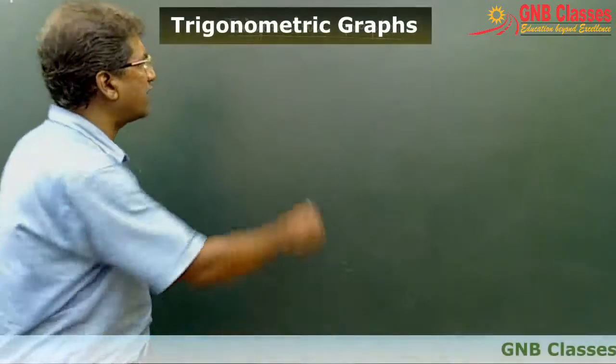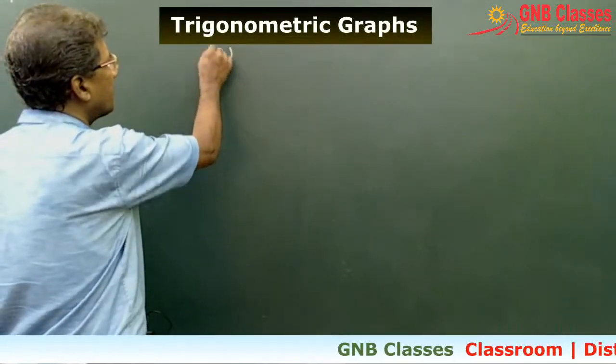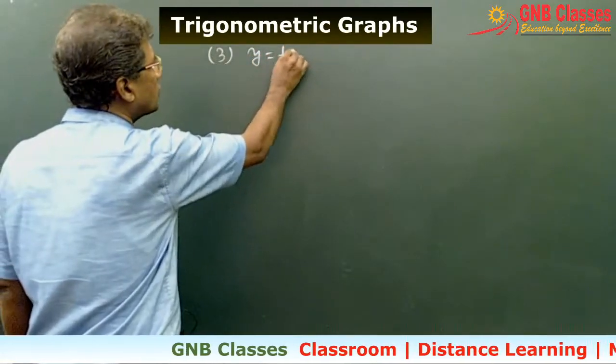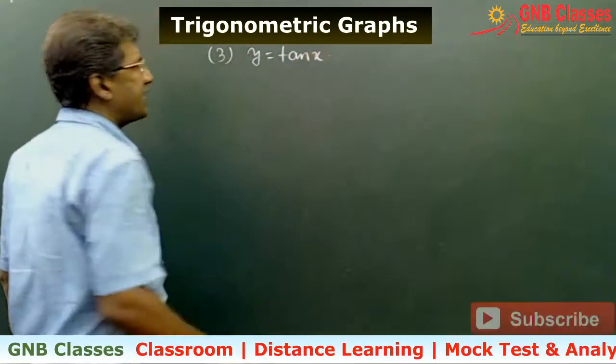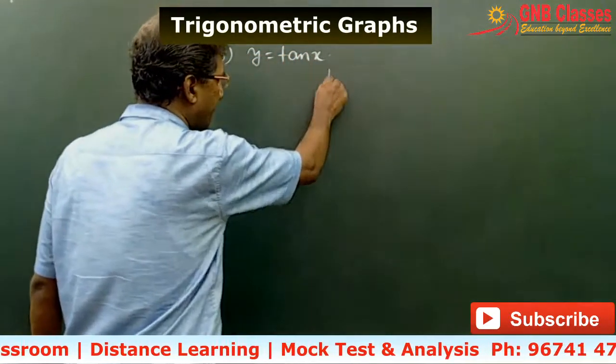The third trigonometric graph that we are going to discuss is y equals tan x. How does the graph look?